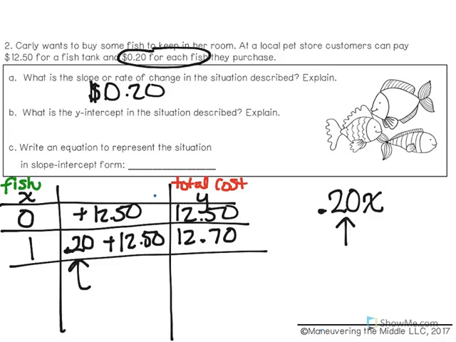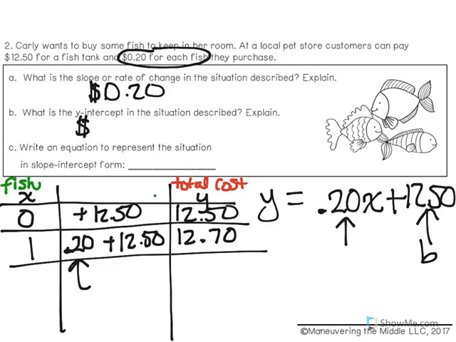Now, in order to get my total cost, I also have to add the fish tank. So that is going to be my y-intercept, what I'm adding. So my equation is y equals 20 cents times x plus $12.50.